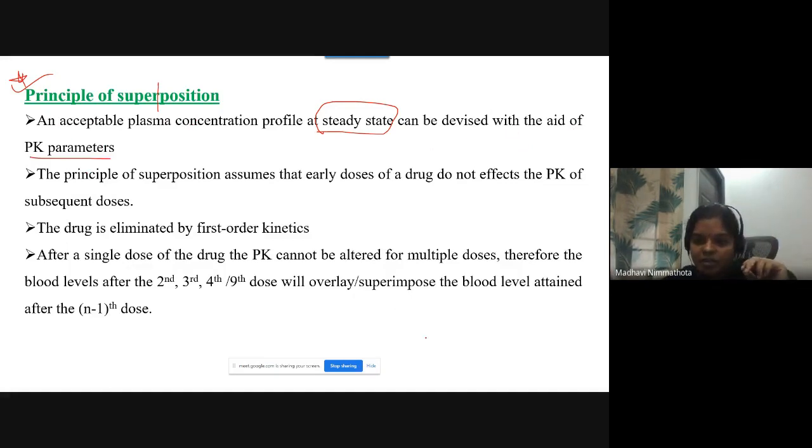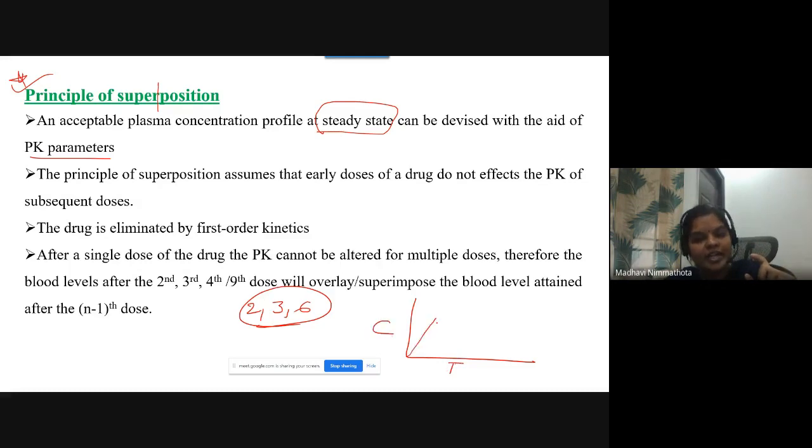In the earlier units, we know that when you plot time versus plasma drug concentration, after a certain time the plasma concentration reaches steady state. This steady state plasma drug concentration will help us to calculate the PK parameters.